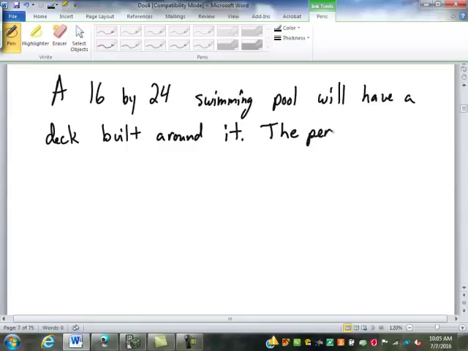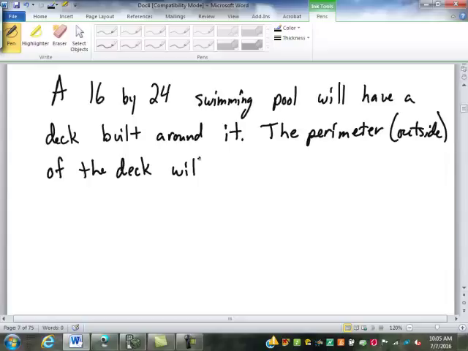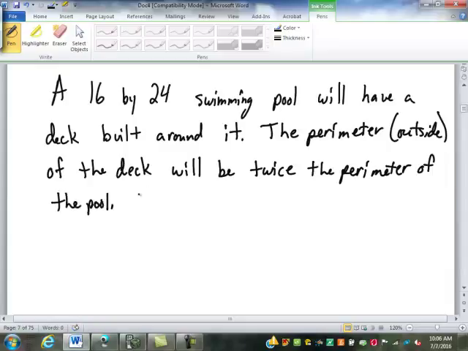The perimeter on the outside of the deck will be twice the perimeter of the pool. Find the size of the deck.